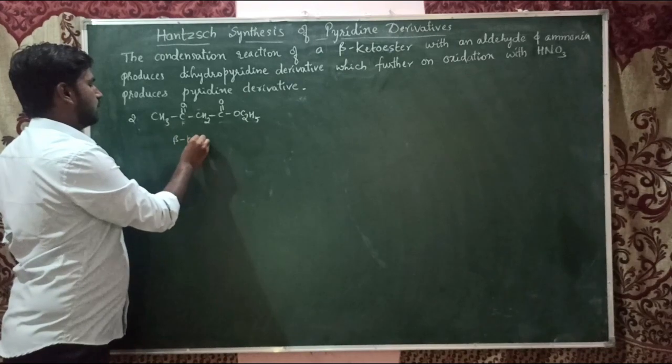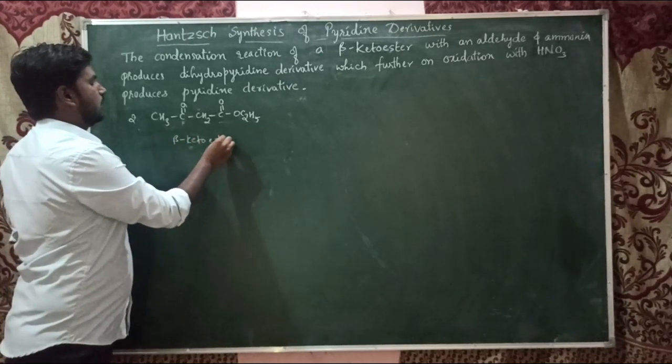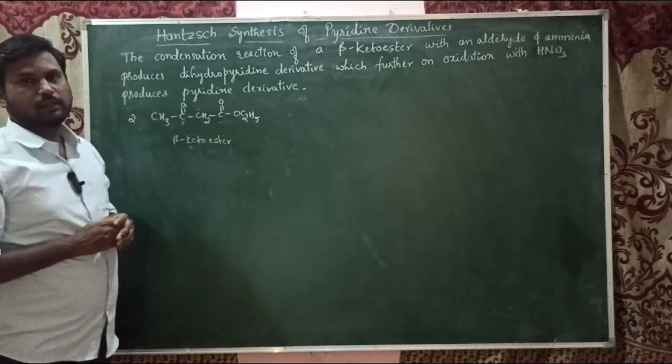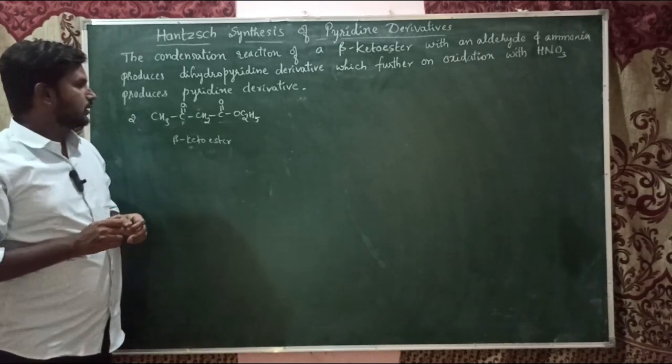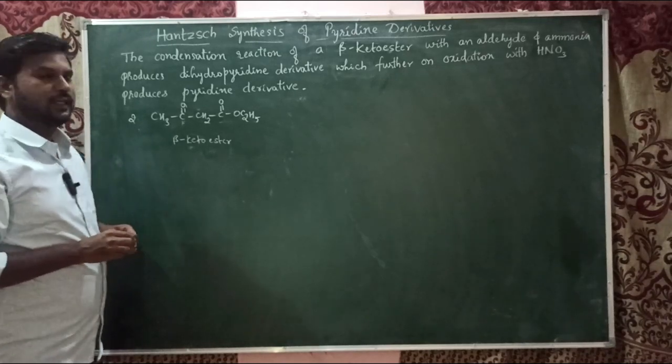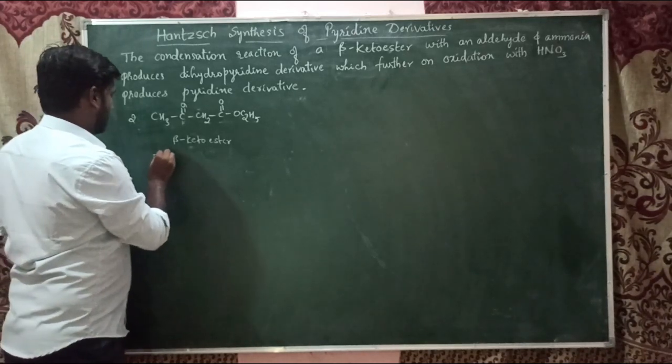You already know the name of this compound because it has come in your enolates chapter. This is EAA, ethyl acetoacetate.